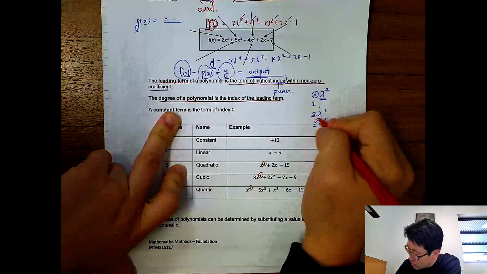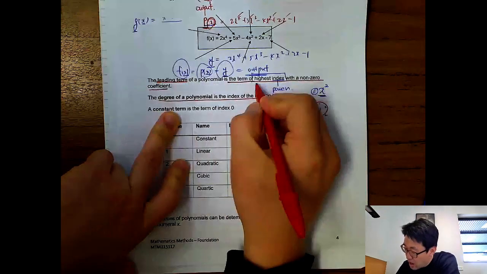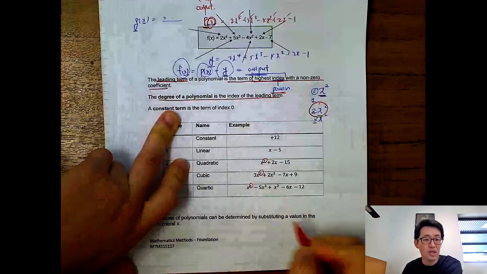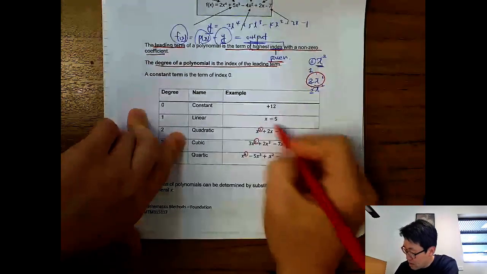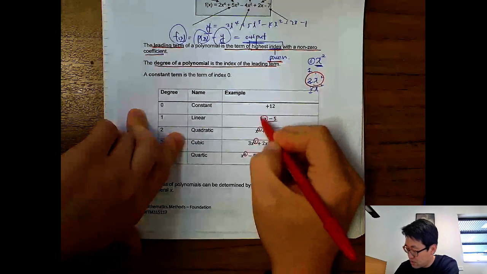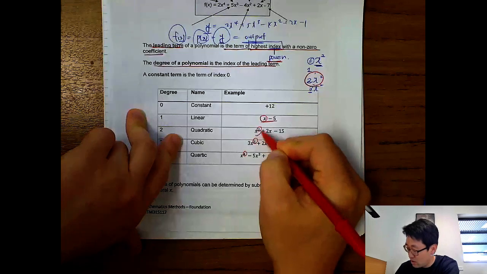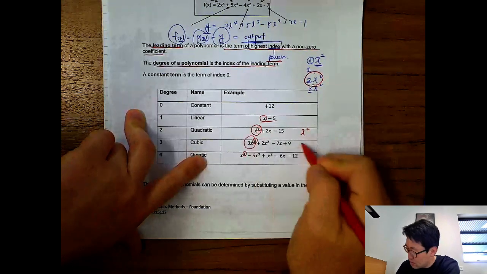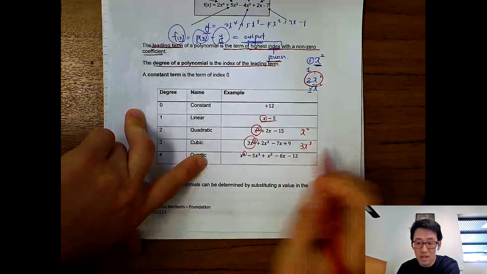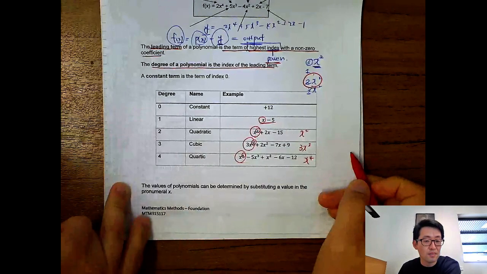So we call this the leading term, the highest power you can see. In this case, the highest power here is this, isn't it? That's the leading term. The highest power, x squared, is the leading term, 3x cubed is the leading term, x power 4 is the leading term.